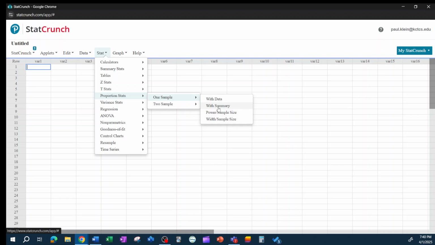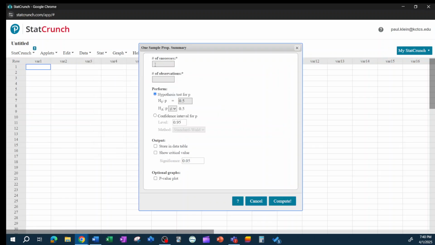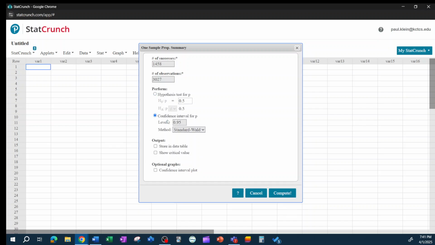One sample with summary. The number of successes was 1458. The number of observations was 3027. And we're going to do a confidence interval instead of the hypothesis test, and compute.